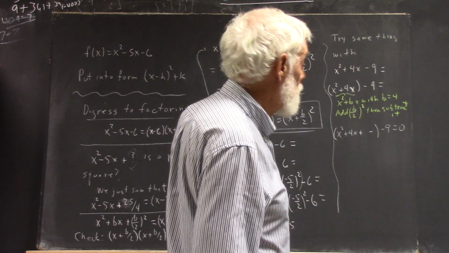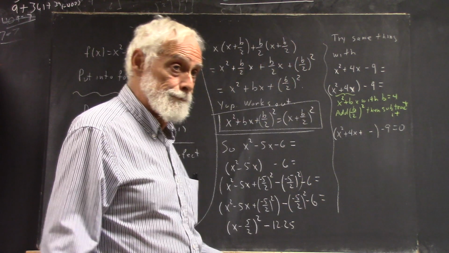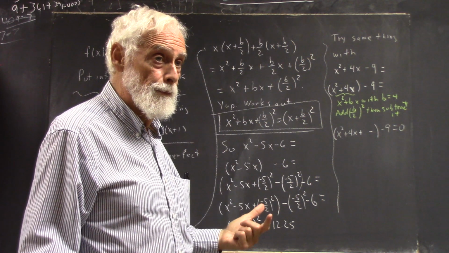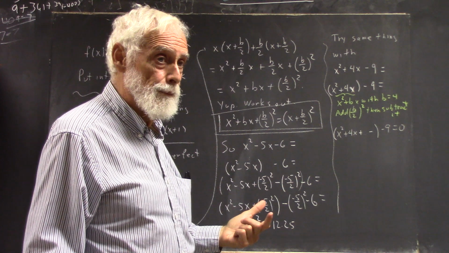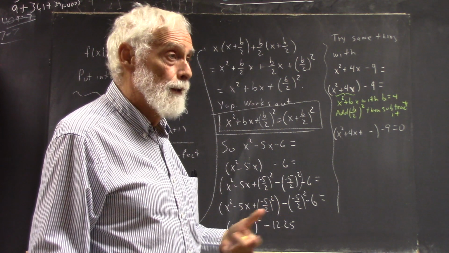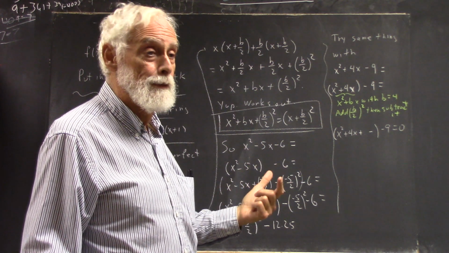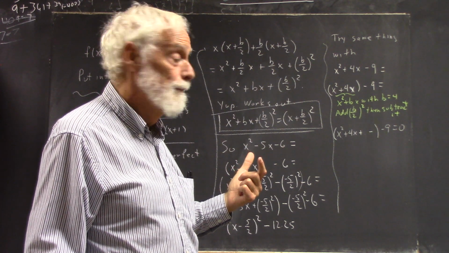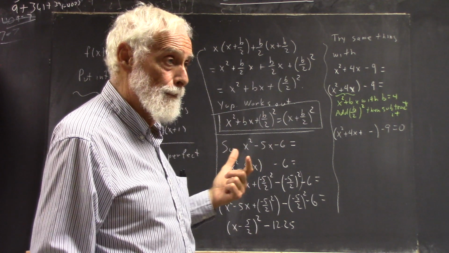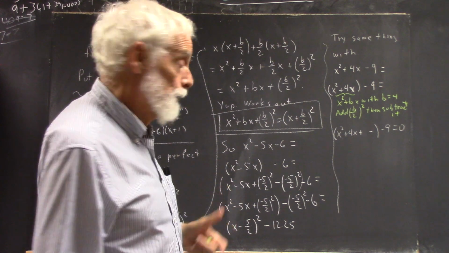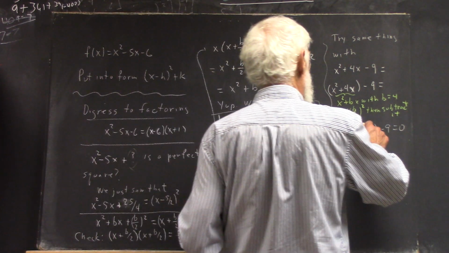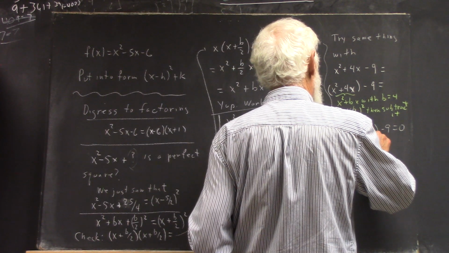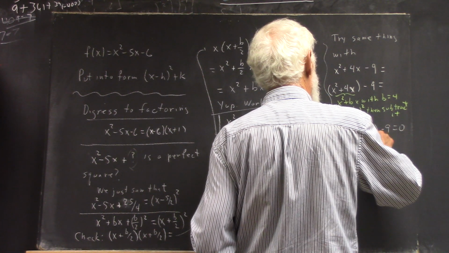So what's our b over 2 squared? B is 4. So b over 2 is 2. We're going to square that. Well, I'm going to write it as 4 over 2 squared.